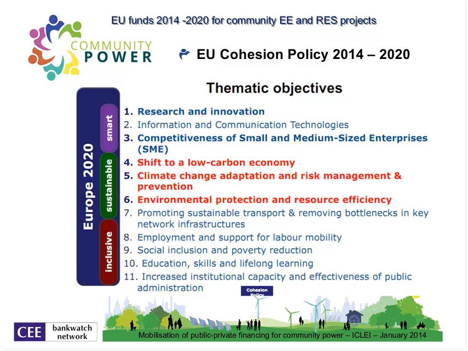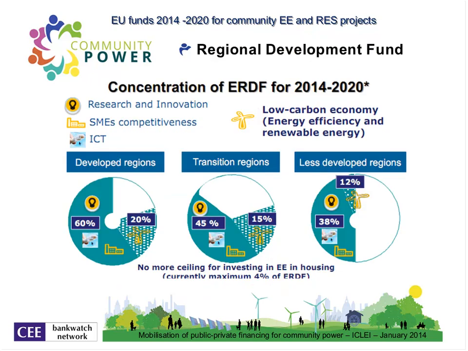I was mentioning those 23 billion euros on the low carbon economy. Why is this a minimum? In the regulation, there is a so-called earmarking, meaning the concentration of some of the funds on particular areas, on particular objectives.